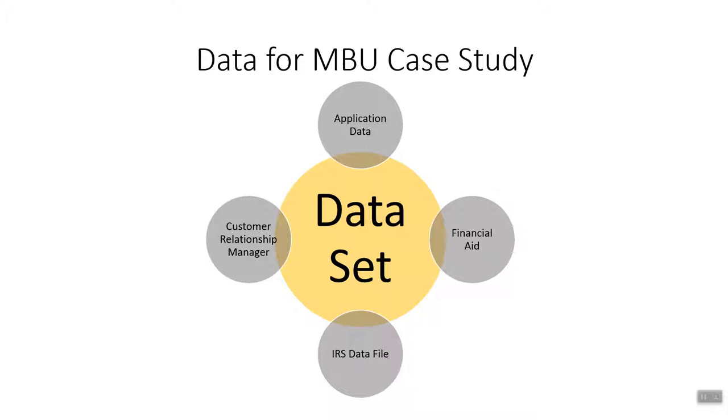And then for the IRS data file, I pulled in the AGI, the adjusted gross income, the average by zip code, to see if there were any common points that could be picked up within the detailed analysis.